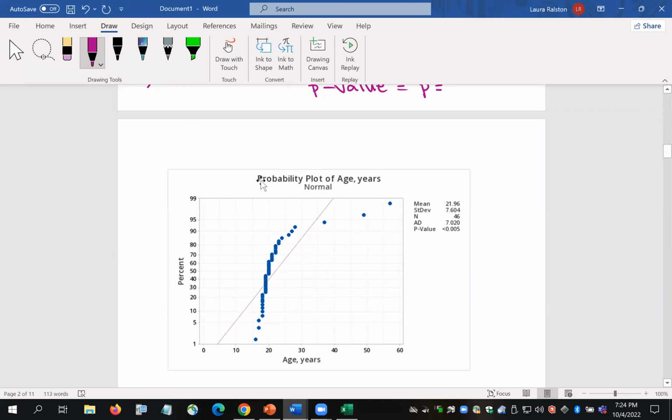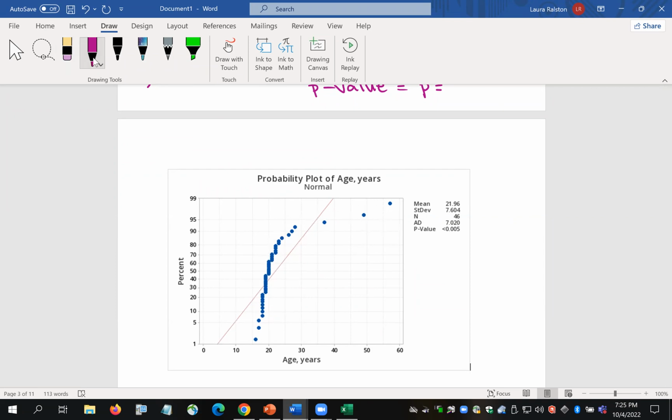So you get what is called the probability plot. For it to be normal, basically what should happen visually is these dots should kind of be on this red line. Well, you can really see that they're not.